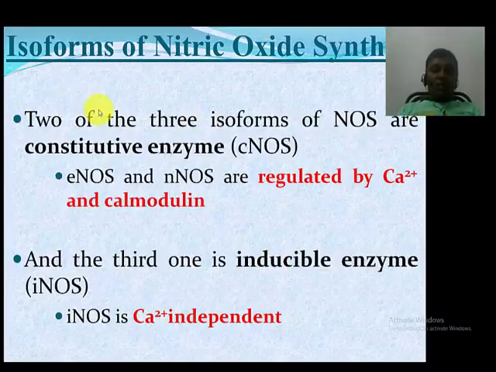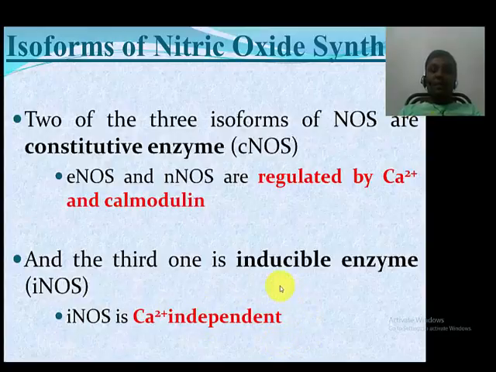Out of these three isoforms of NOS, two are considered constitutive enzymes, that is eNOS, the endothelial NOS, and nNOS, the neuronal NOS, which are regulated by calcium and calmodulin. Whereas the third type, the inducible enzyme present in the immune system, is known as iNOS, and it is calcium independent.